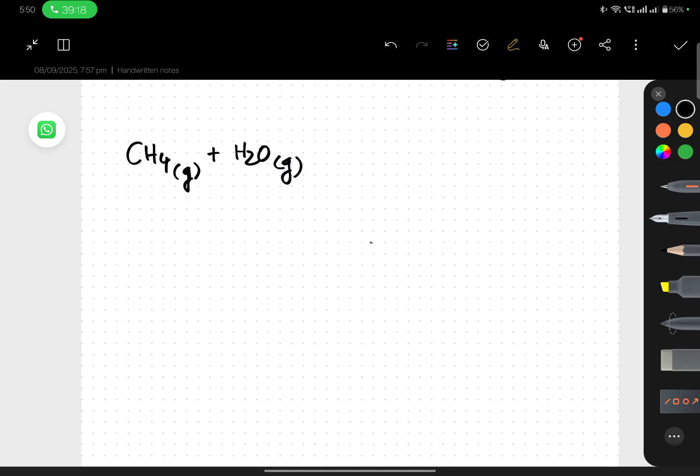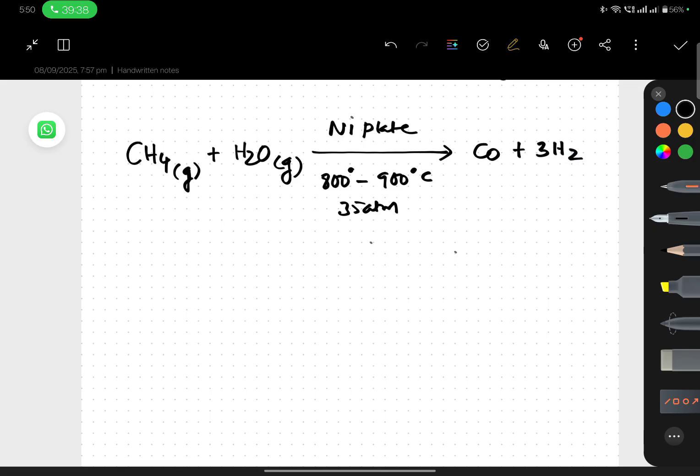They both are supported on nickel plate, and the temperature is 800 to 900 degrees centigrade, 35 atmospheric pressure. You will get CO plus 3H2. So again you get a carbon monoxide and hydrogen gas combination.